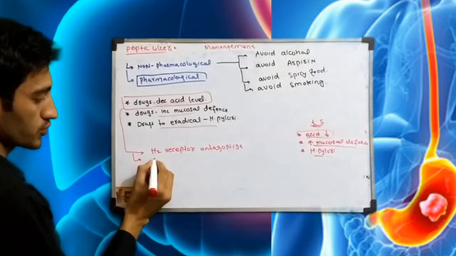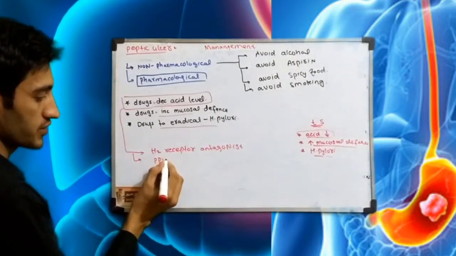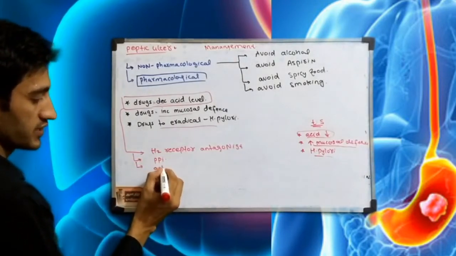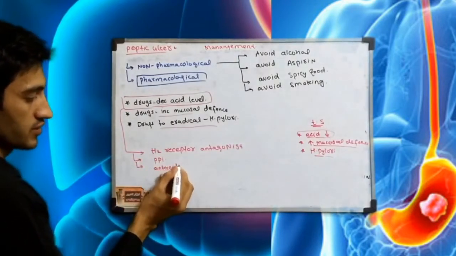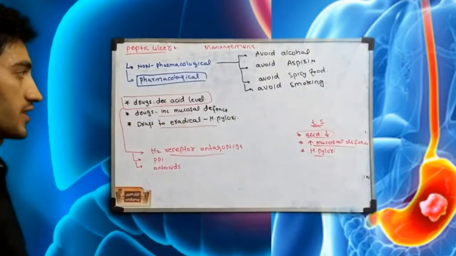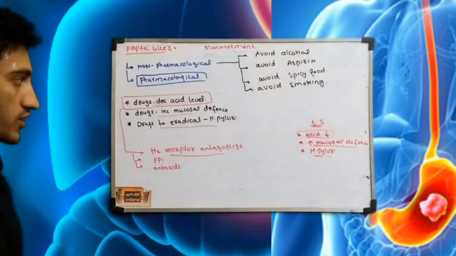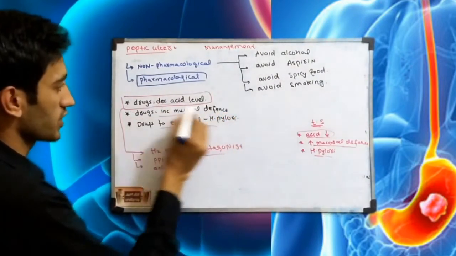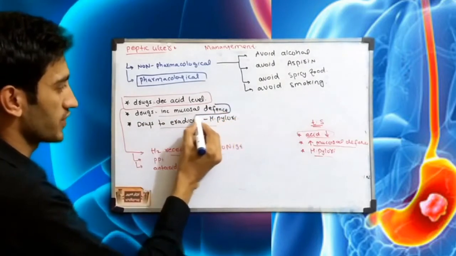It includes proton pump inhibitors, and it includes antacids. So these drugs will decrease the level of acids. Now what are the drugs which increase the mucosal defense?